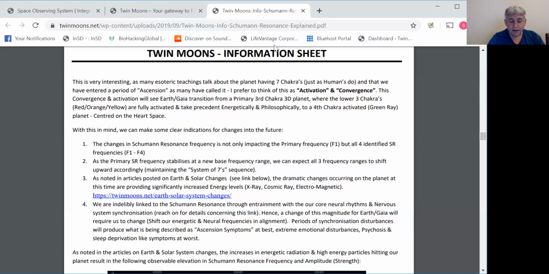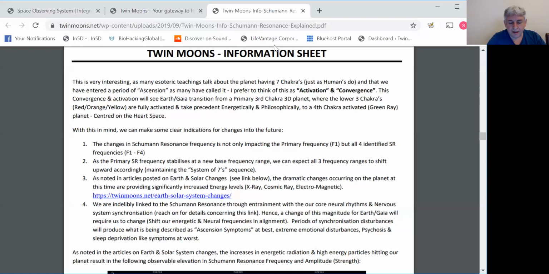There appears to be a system in place in terms of the arrangement of these frequencies. The changes in frequencies as they elevate appear to be aligned with the Fibonacci sequence, and the range of frequencies and the gap between frequencies appears to align to the system of seven sequence.